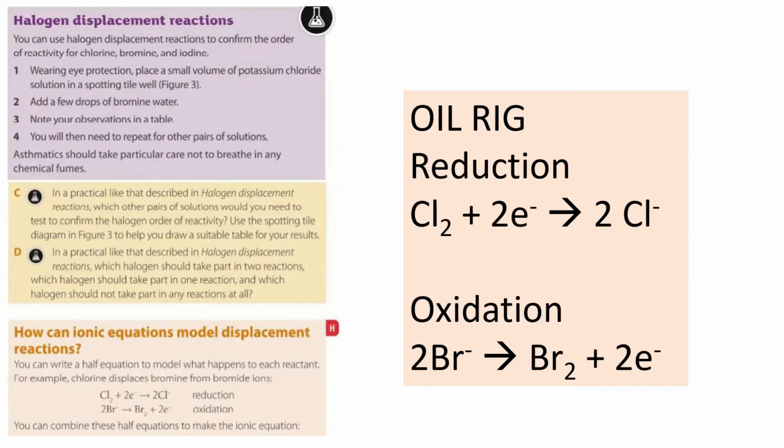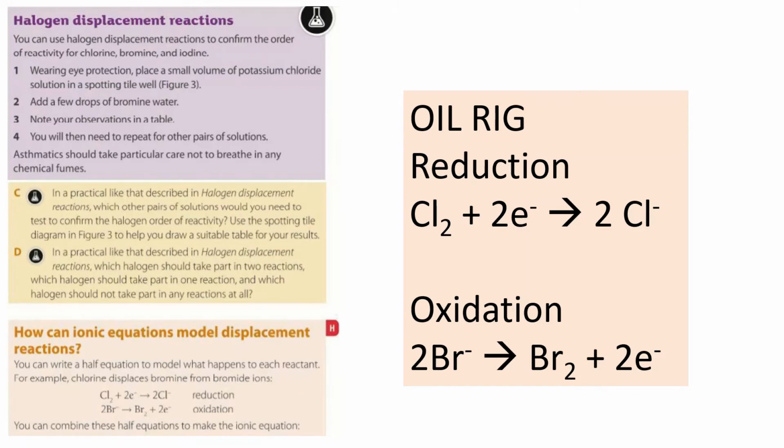Okay, so let's have a look at this one. So you've got diatomic chlorine adding 2 electrons, and that becomes 2 Cl-. Why is that? Because it's being reduced. Remember, OIL RIG: oxidation is loss, reduction is gain.